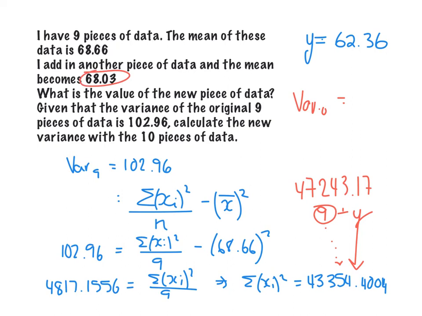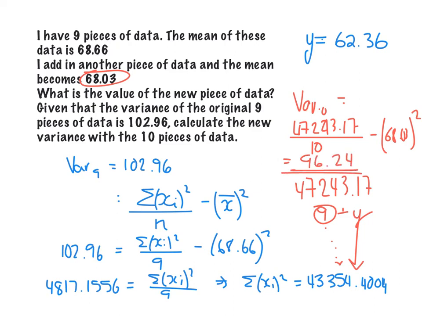So we're going to do our 47,243.17 divided by now 10 pieces of data minus the mean of 10, which is 68.03 squared. And that should give us our final answer of, and I'm just going to calculate that, 96.24 to 2 decimal places. And that's it.